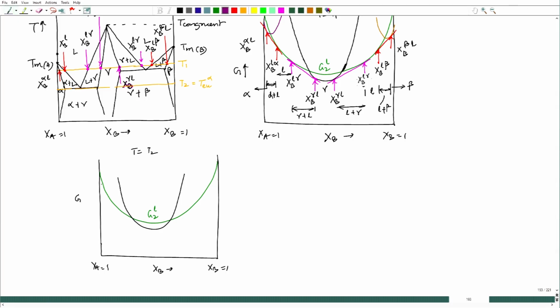So, let us say this is G2 alpha. So, this is G2 of gamma, this black one is G2 of gamma, and the purple one is the G2 of alpha, and the green one is G2 of liquid. So, now I can draw a common tangent.